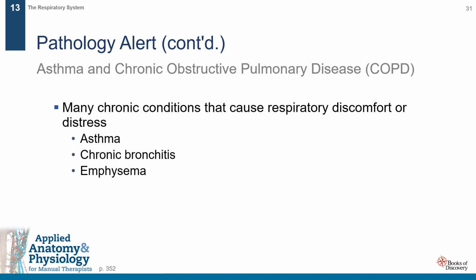Chronic bronchitis can lead to or occur together with emphysema, a condition in which the walls of the alveoli first become less elastic and eventually break down, fuse together, and thicken into fibrous connective tissue.